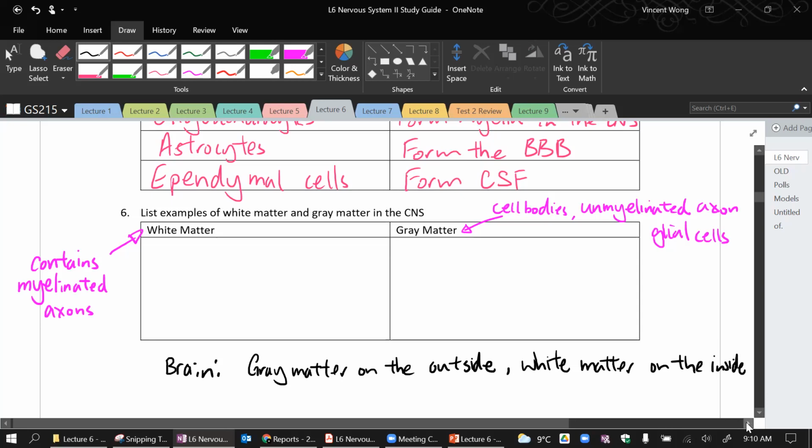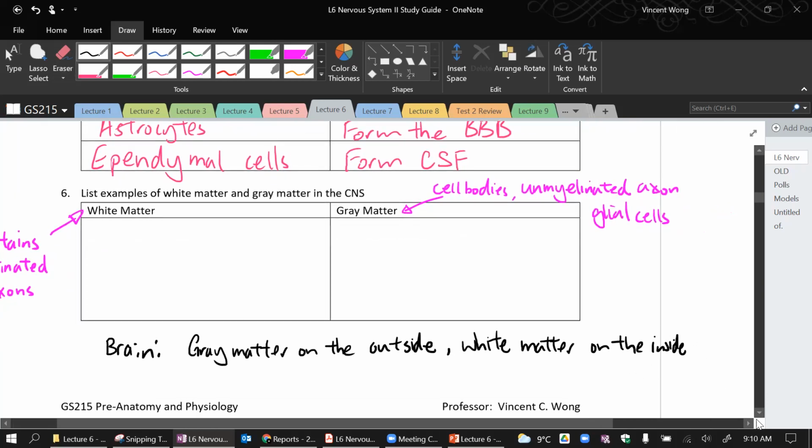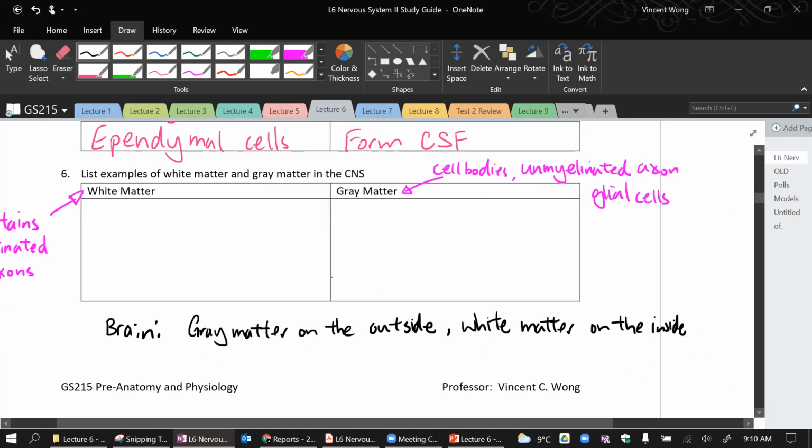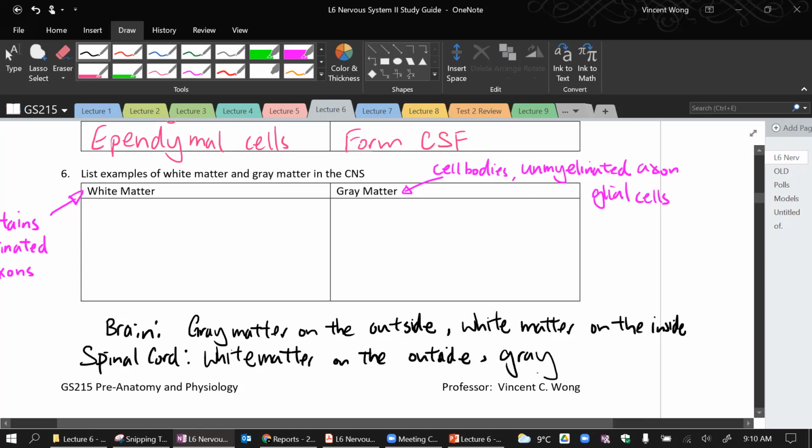Okay, there are exceptions, but that's generally the organization. For the spinal cord, it is the other way around. You have white matter on the outside, and then you have gray matter on the inside. Okay.